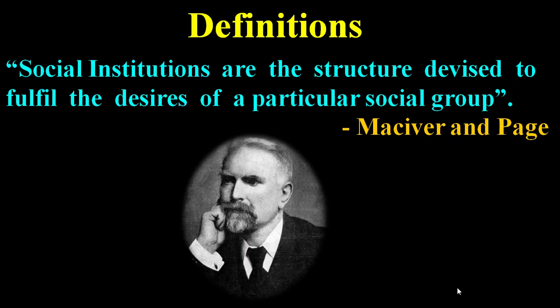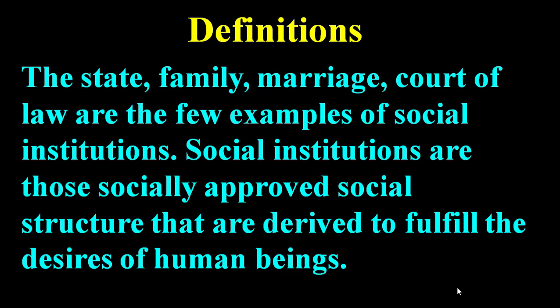Further, Maciver and Page say that social institutions are the structures devised to fulfill the desires of a particular social group. The state, family, marriage and court of law are a few examples of social institutions.